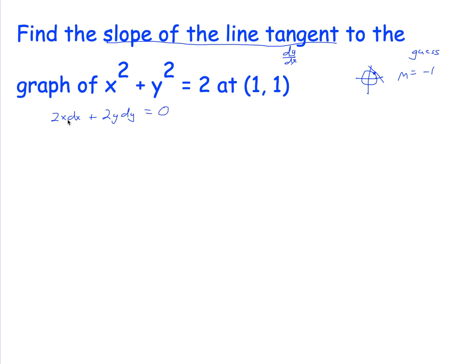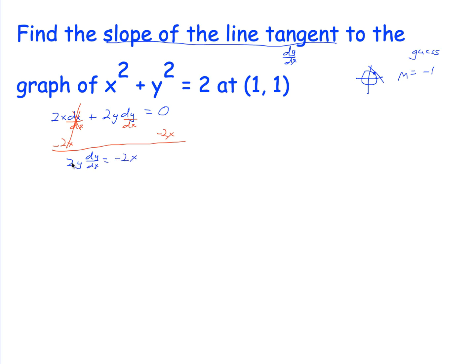And now we want to find dy dx, so we could divide everything by dx, which cancels. We could subtract 2x from both sides, which means this is gone. And we have 2y dy dx equals -2x.